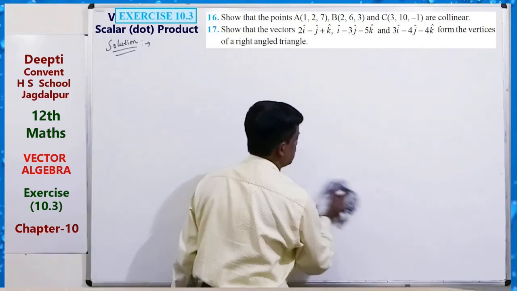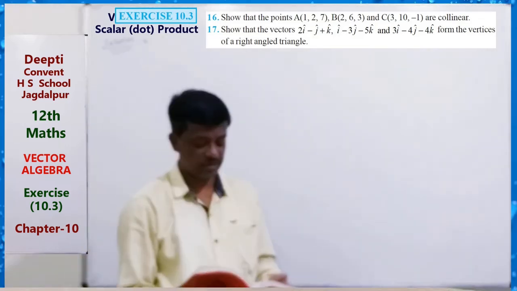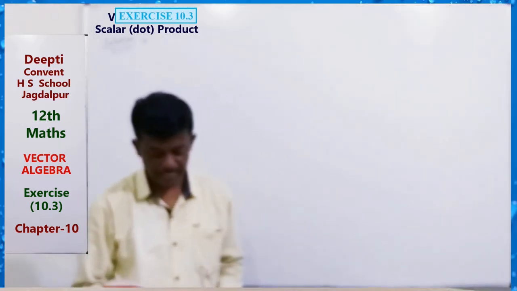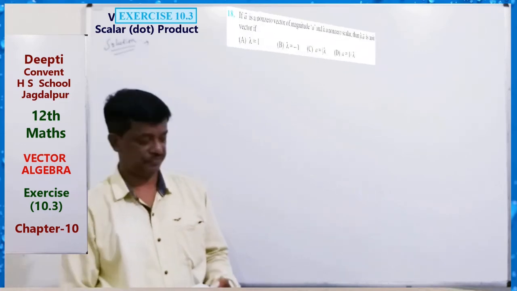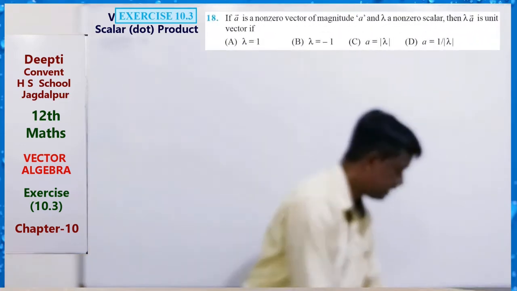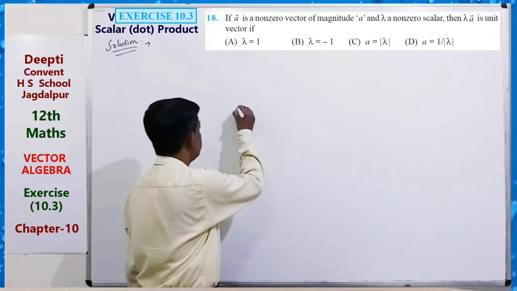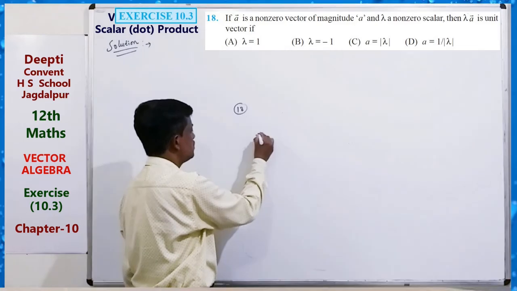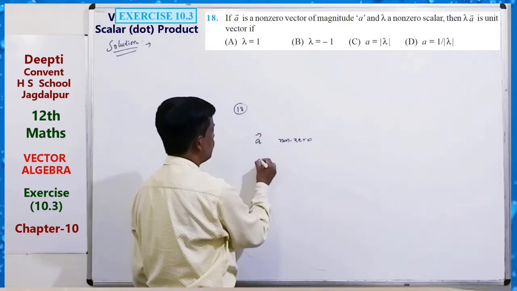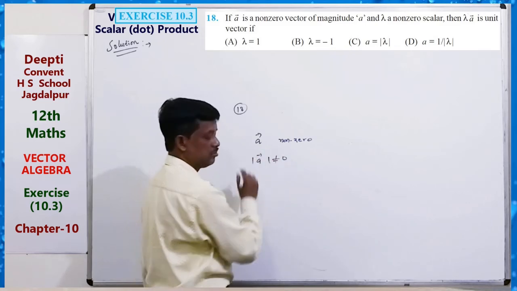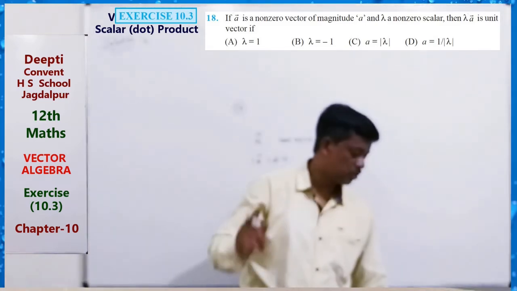Now 18 is an objective question, I think. If A is a non-zero vector of magnitude a and lambda is a non-zero scalar, then lambda A is a unit vector if, here: A is non-zero, that is mod A is not 0, and lambda is a non-zero scalar.